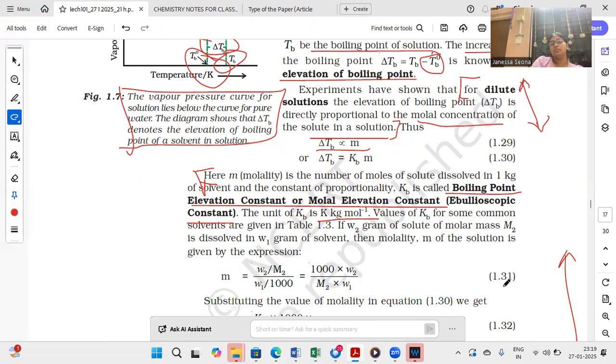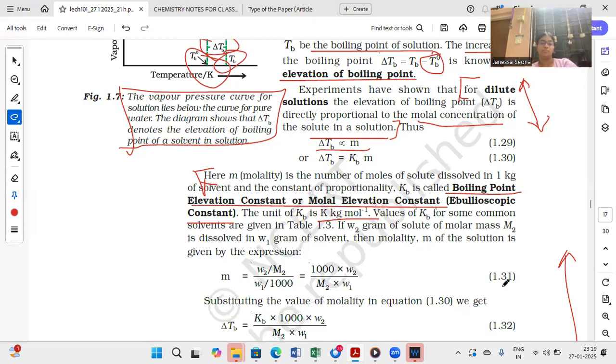Please stop. So, molal elevation constant Kb is like Kh, the Henry constant, like P01, the vapor pressure of pure solvent. Here it is simply represented as Kb.